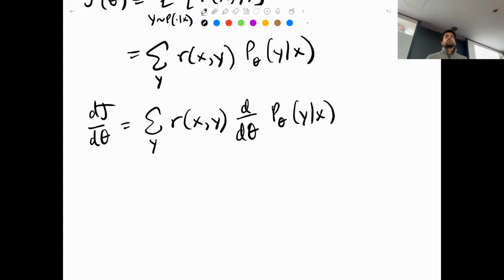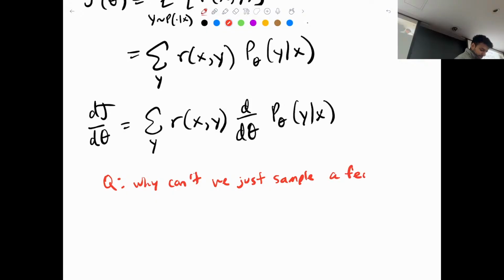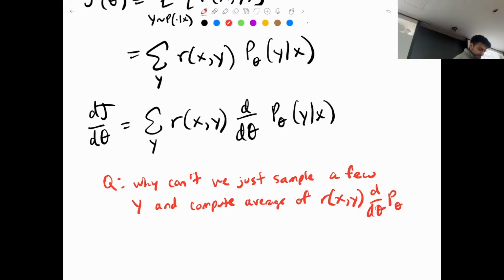And so one question is, why can't we just directly sample a few y and compute the average of this quantity directly, right?